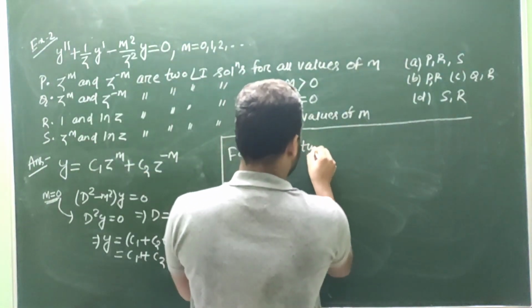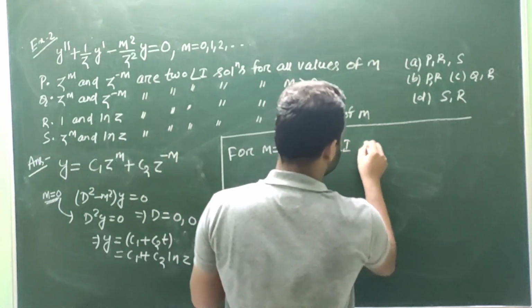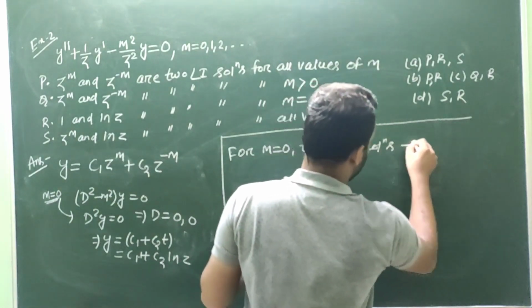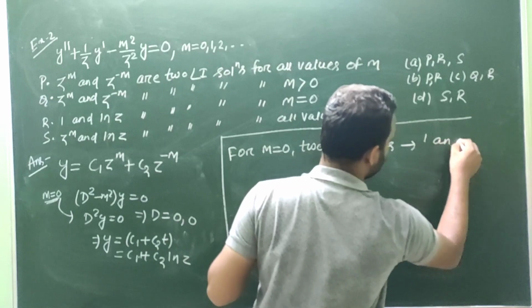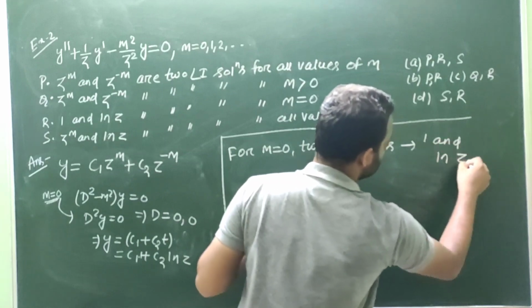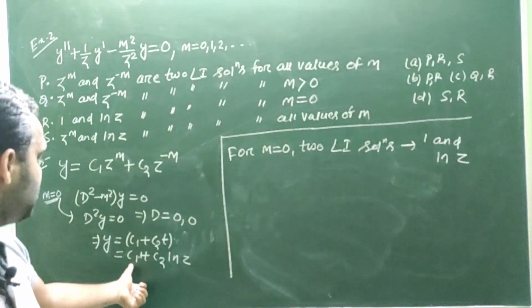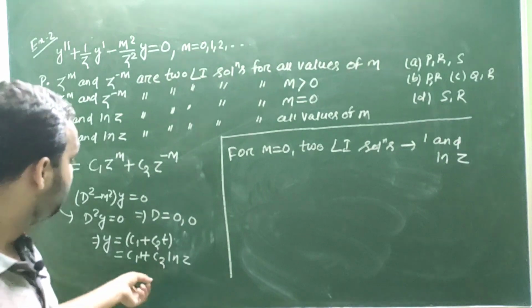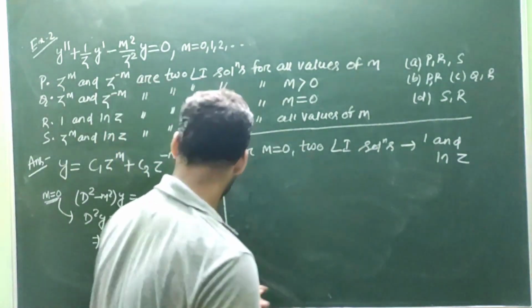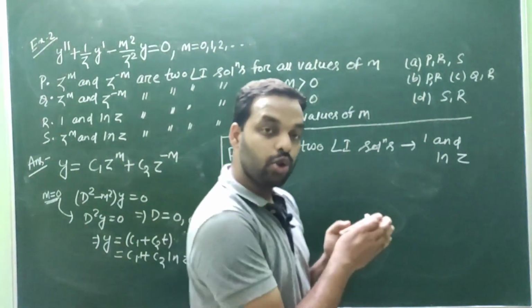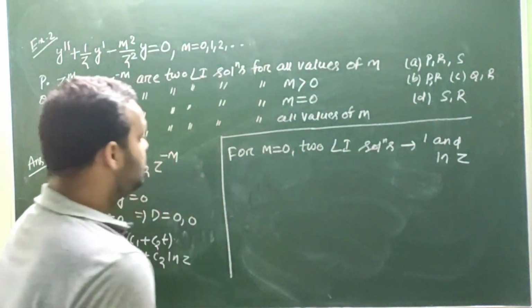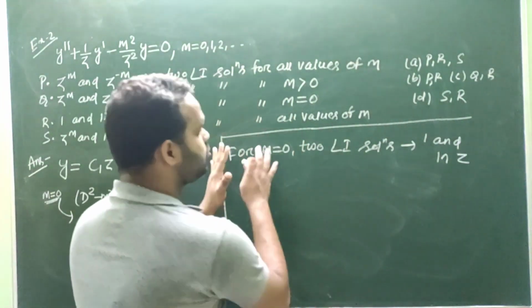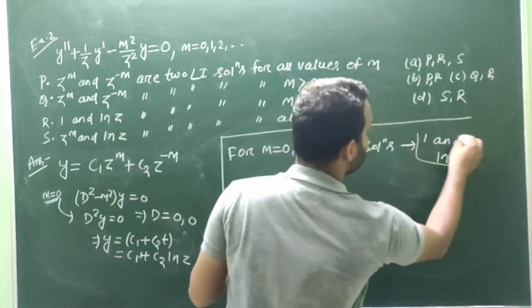Concentrate. Because here this is an arbitrary constant, this is an arbitrary constant, and in the multiplication there are the terms 1 and log z. So those will be the linearly independent solutions for the particular m, that is m is equal to 0.